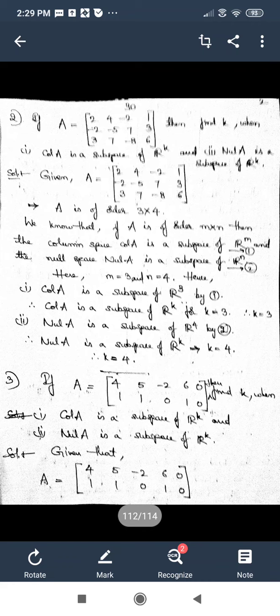Let us move on to the solution. To give the solution now, we are given a matrix A that has 2 rows and 5 columns, and let us write it as our first step in the solution. Capital A is equal to 4, 5, minus 2, 6, 0 is our first row, and 1, 1, 0, 1, 0 is the second row of the matrix.